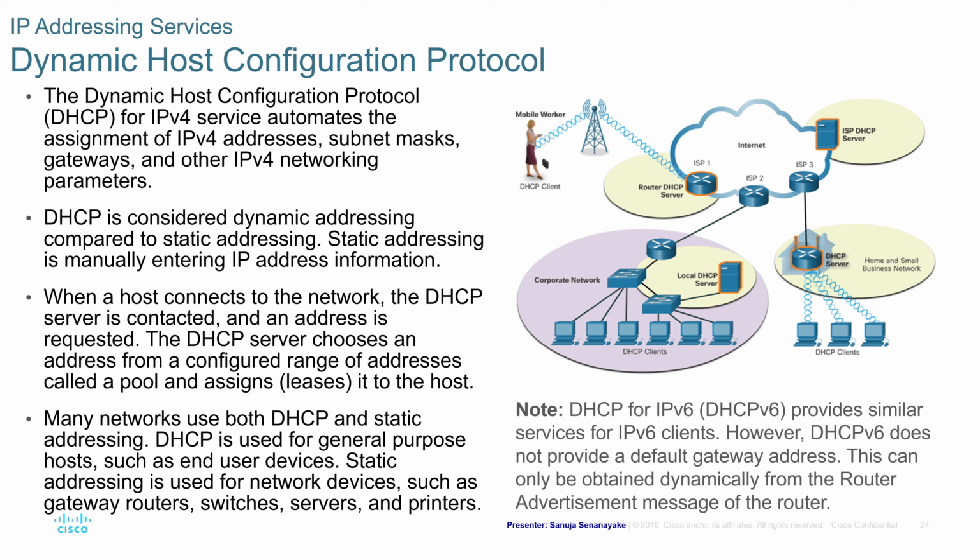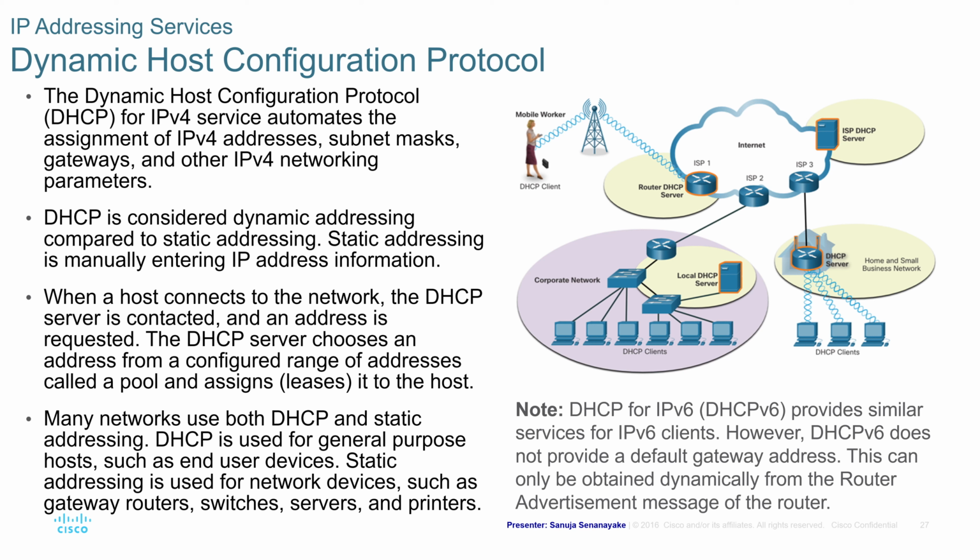The DHCP server chooses an address from a configured range of addresses called a pool and assigns or leases it to the host. Many networks use both DHCP and static addressing.